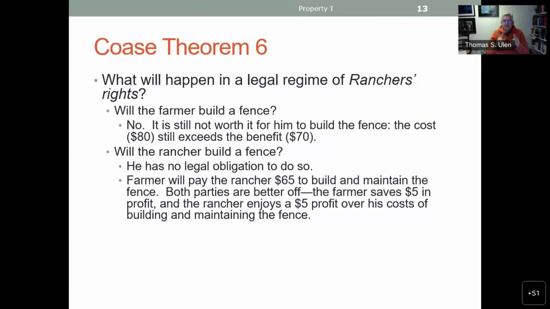Is it more valuable to the farmer to be free from invasion? Or is it more valuable to the rancher not to have to supervise his cattle? And they have to use the imperfect method of taking testimony in a court of law to decide what is best to be done. It's a second best solution, but it's the best we can do.